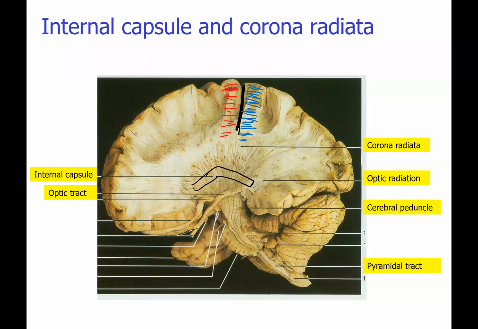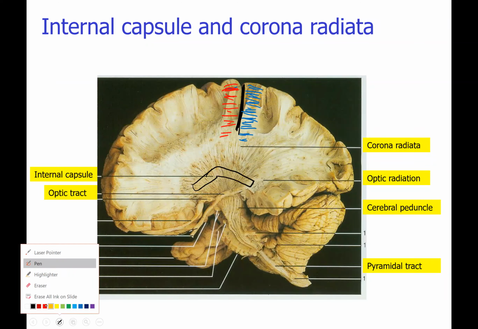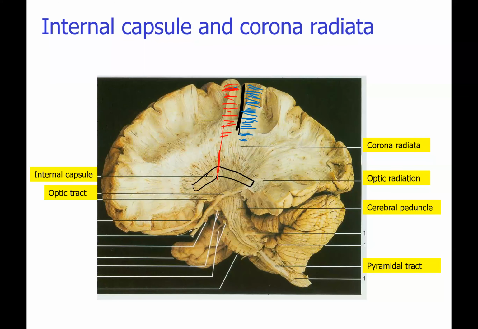I'll label it later in a different picture. Now, these motor fibers that are starting from the precentral gyrus, the motor cortex, will go down through the genu and the anterior part of the posterior limb. Can you see that? They go down through the internal capsule like that.